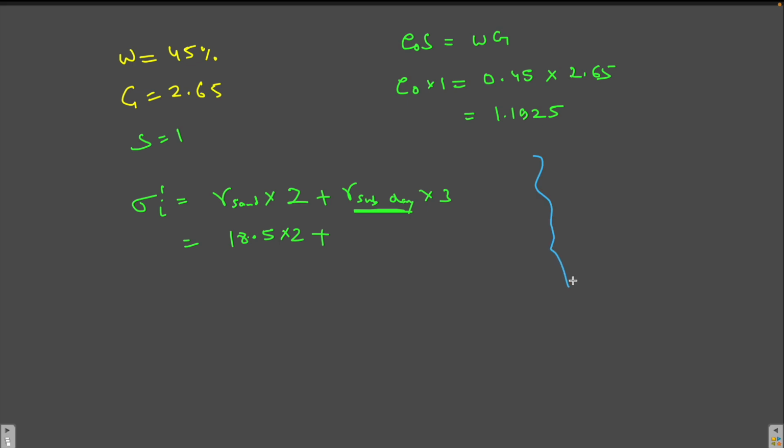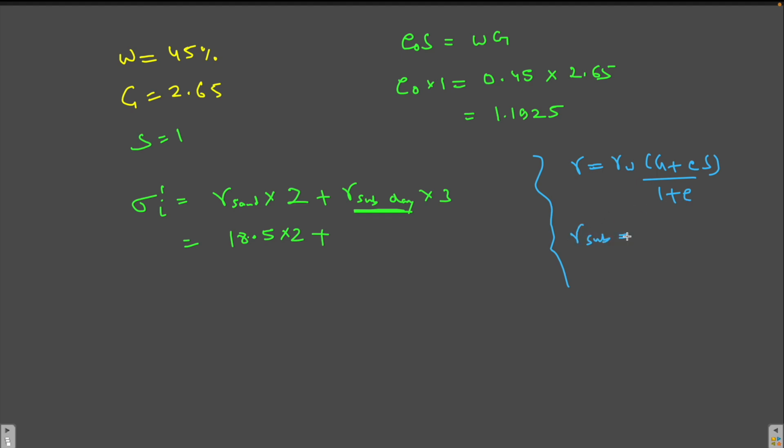For finding out the gamma of the clay, gamma is equals to gammaW into (G plus e S) by (1 plus e). This is the unit weight of soil. But do we have to find out this? No, we have to find out gamma in submerged condition. So what is gamma submerged?